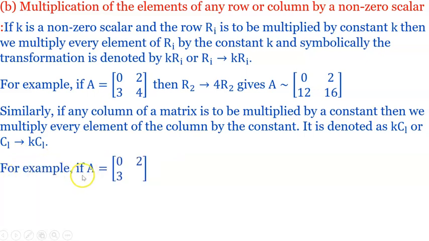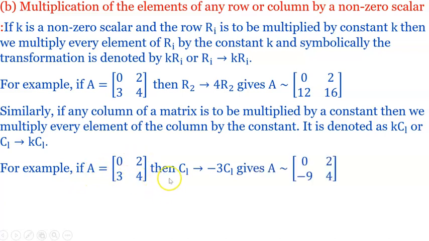For example, if A is the matrix 0, 2, 3, 4, then C1 changes to minus 3 C1 gives the new matrix. If you multiply minus 3 to this 3, then you will get here minus 9. And next, 0 into minus 3, then you will get here 0. Okay. Therefore, the matrix A changes to 0, 2, minus 9, 4.